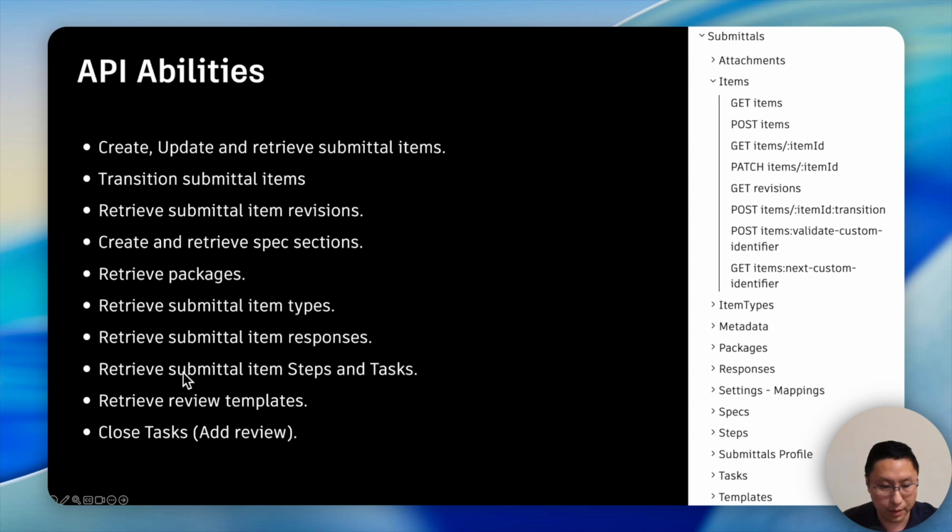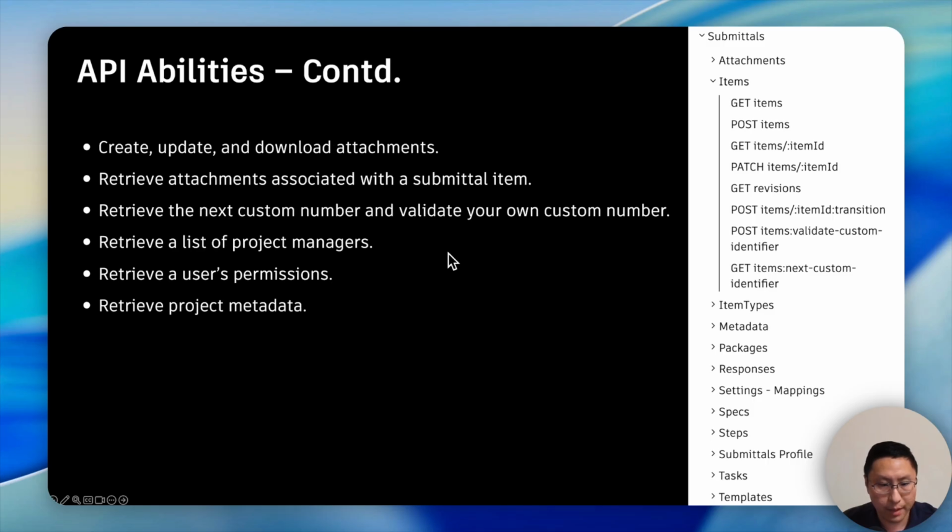It also supports close tasks. It also supports create, update, download attachments, retrieve attachments associated with the Submittal items, retrieve the custom numbering and validate it. It retrieves a list of project managers, users' permissions, and the project metadata.